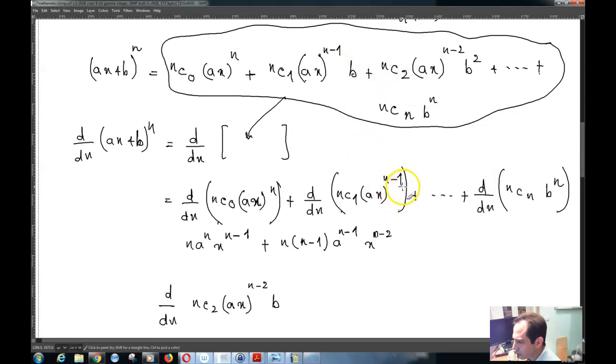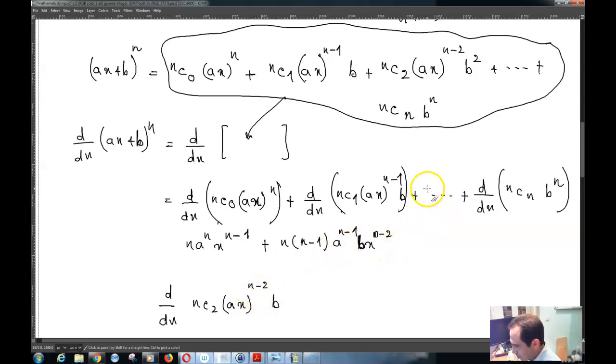The b we have forgotten. The b is just, of course, a constant, right? So I can write this term as, I can just multiply b by the whole thing. I can write it as n times n minus 1 times a raised to the power n minus 1 times b times x raised to the power n minus 2.